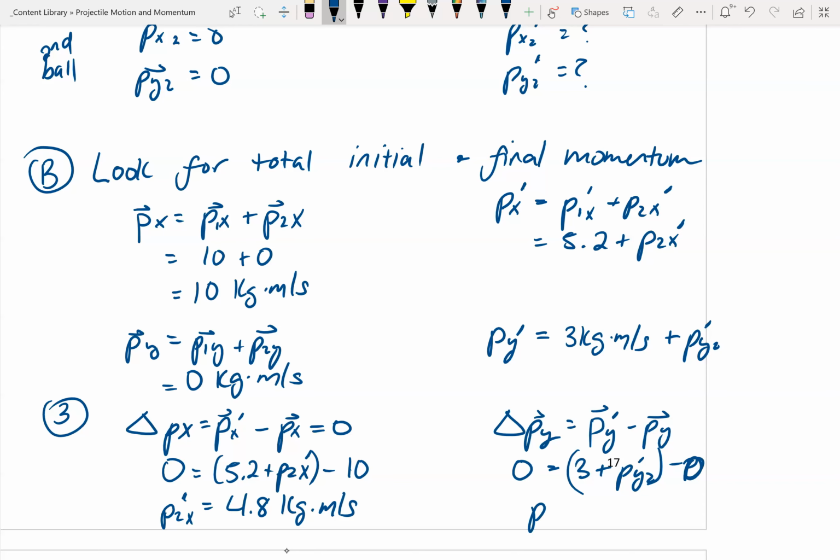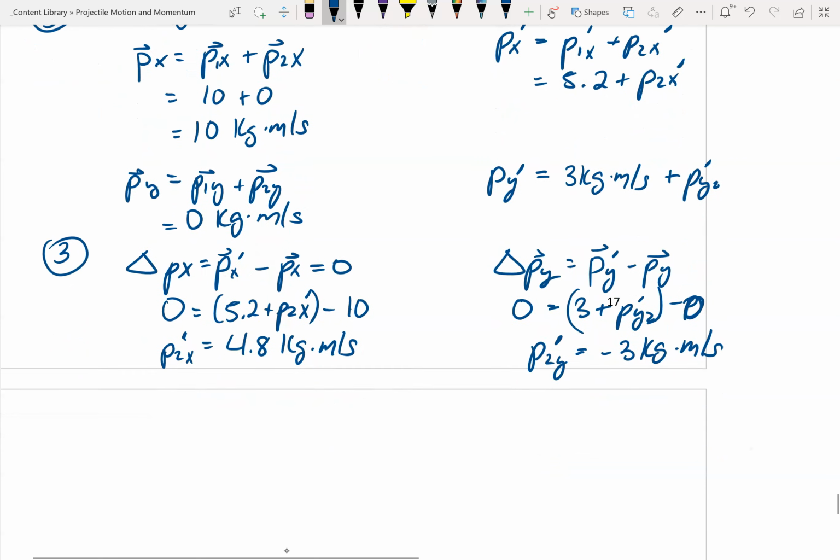So I'm going to rearrange and solve for p2y prime, and this is negative 3 kilograms times meters per second. So we finally found the two components.